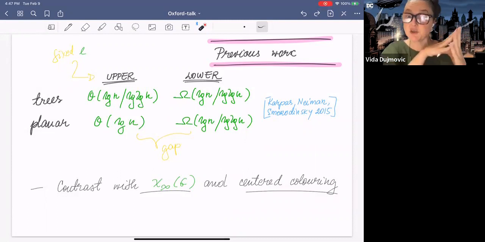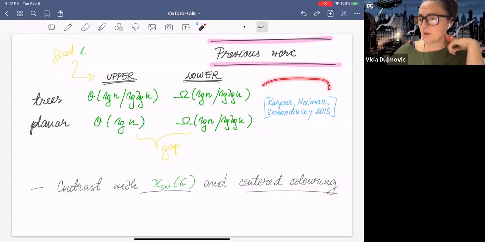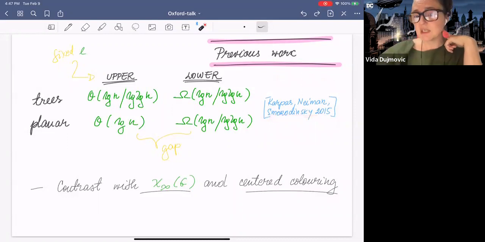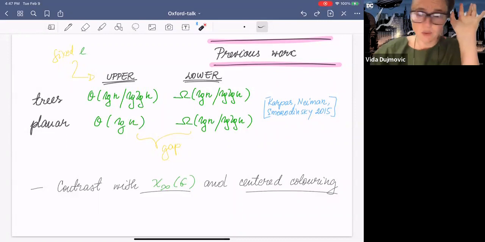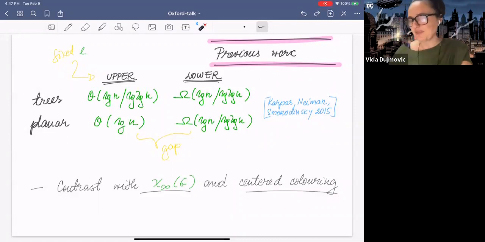And that makes a huge difference, because for these centered colorings, you can prove a constant bound if p is a constant. And here, this is not the case. It makes a huge difference, introducing this maximum. By the way, it does have some application, Samorodinsky does lots of geometry. It came from some geometric application, this problem, but I forgot what it was. So let me not dwell on that.